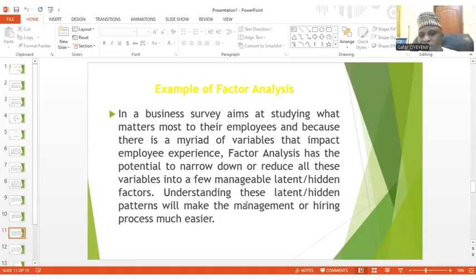So understanding these hidden patterns will definitely help the management, either in the hiring process or some other further analysis that may be needed by the businessman.